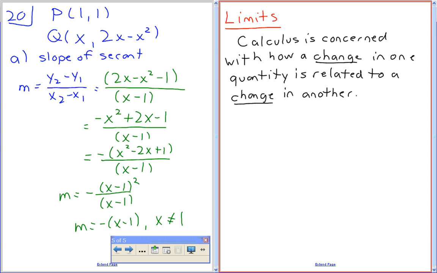And that's why we talk about slope so much, right? How a very small change in x will affect y. Okay.